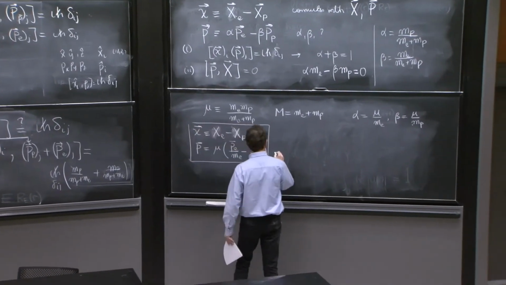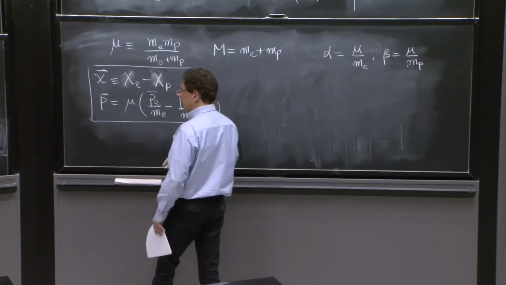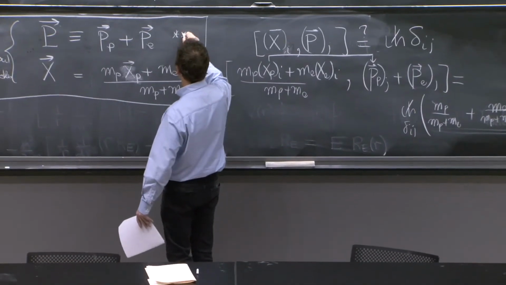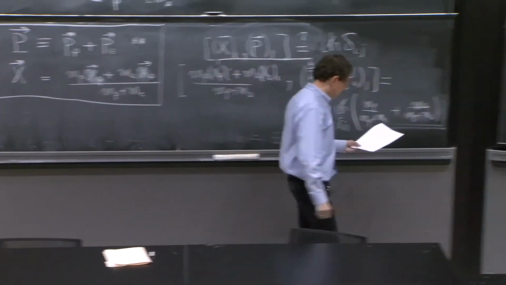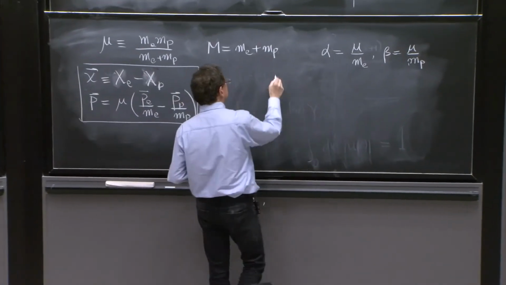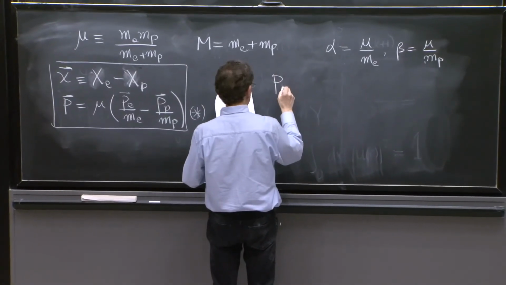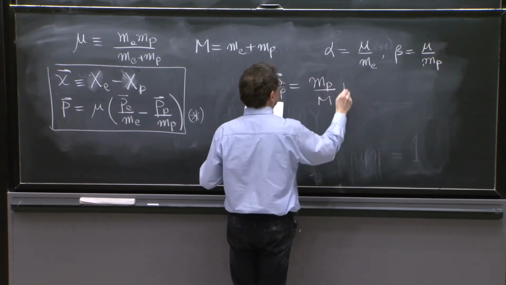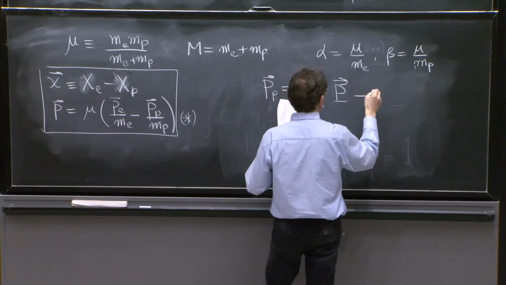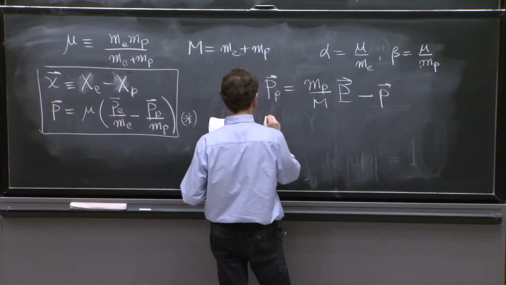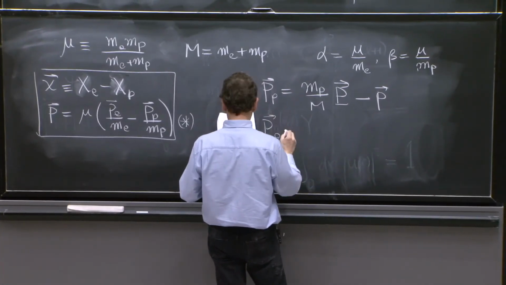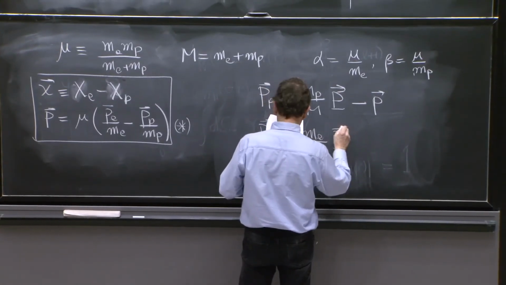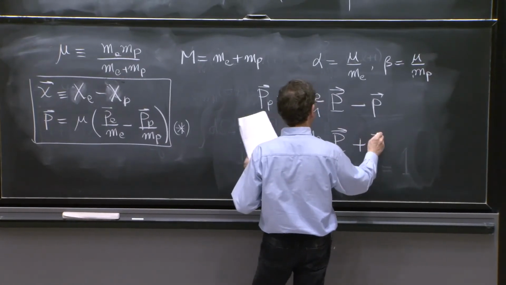So from equation star and double star here, you can solve for these momenta. So P of the proton will be equal to m_p over M, big momenta minus little momenta, and P of the electron is m_e over capital M, big momenta plus little momenta.